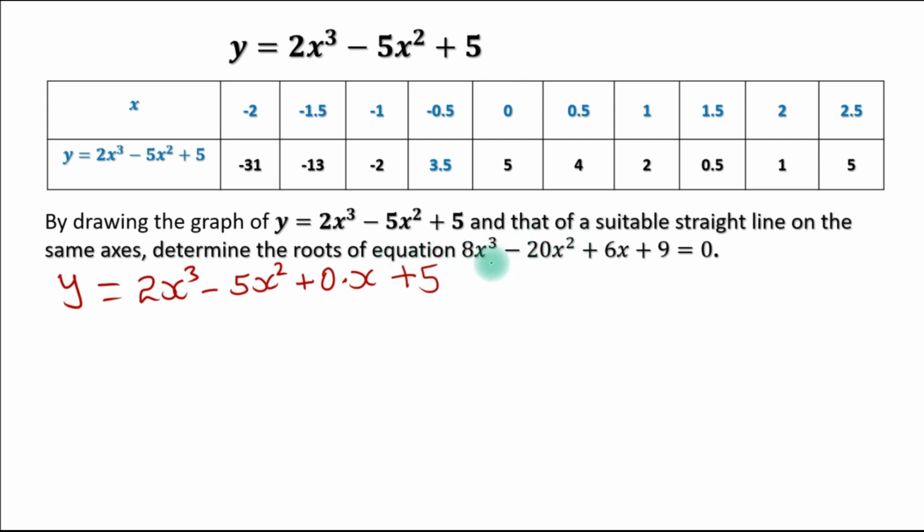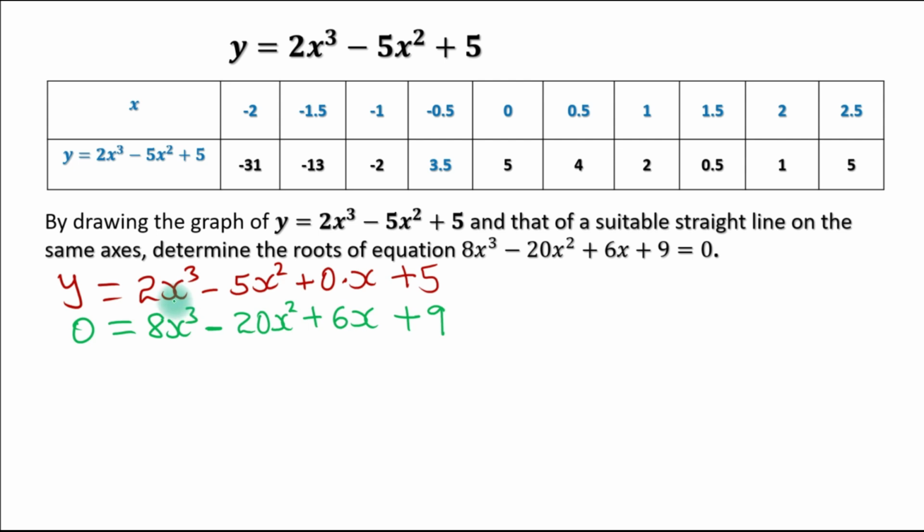And then for the given equation, we need to draw the straight line. So we start with 0 is equal to 8x cubed minus 20x squared plus 6x plus 9.